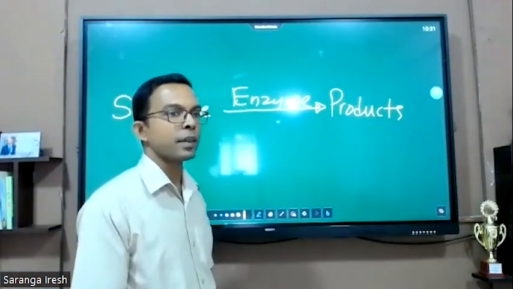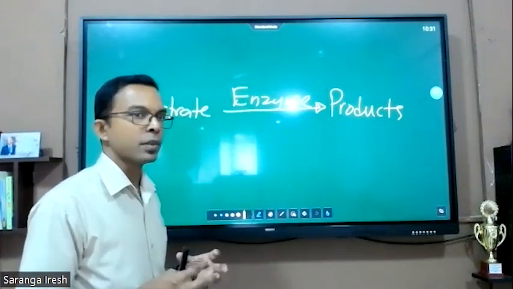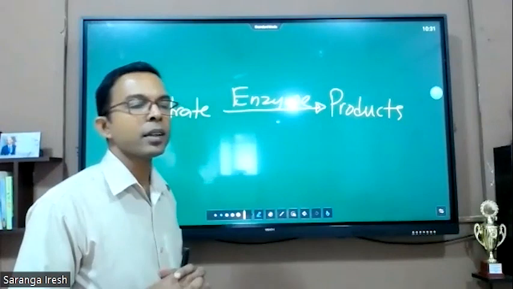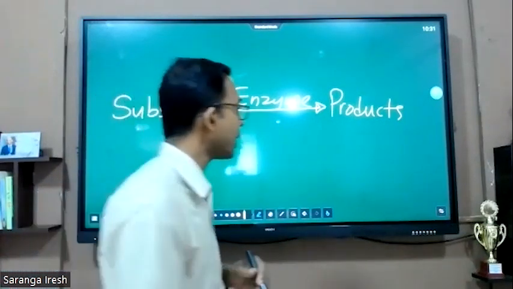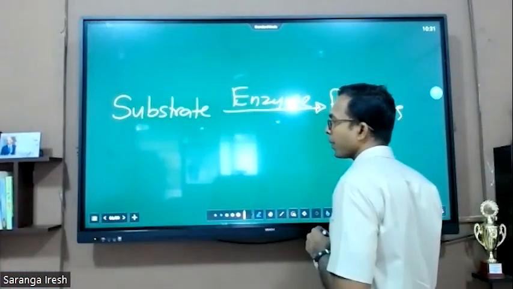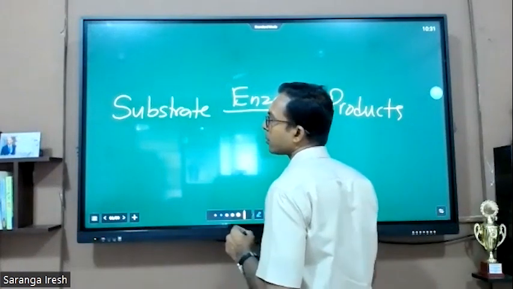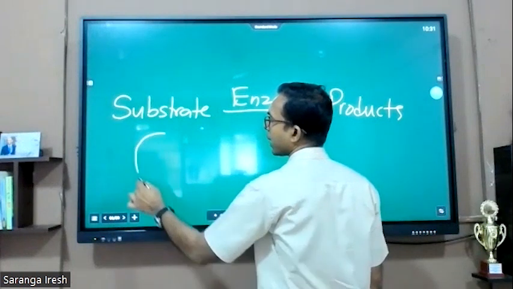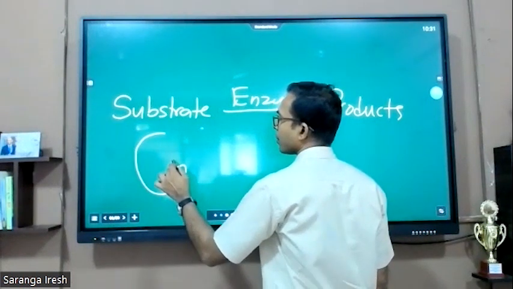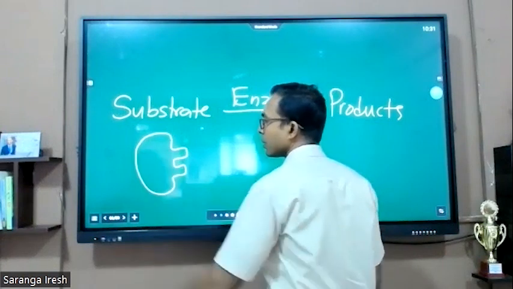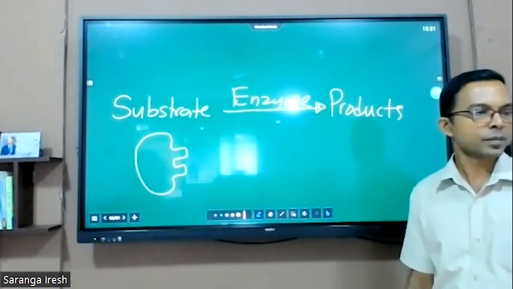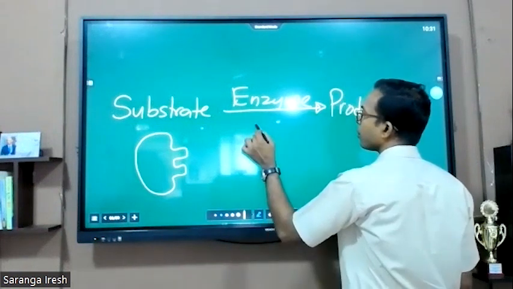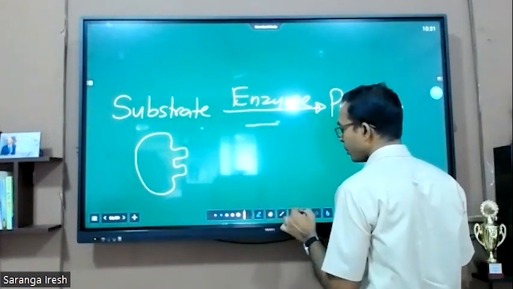How does this process happen? How do enzymes catalyze the reaction? Catalyzing means reducing the activation energy. Now, when we take a particular substrate, think that some substrate molecules have different shapes. Substrate molecules and enzyme molecules play a very important role.